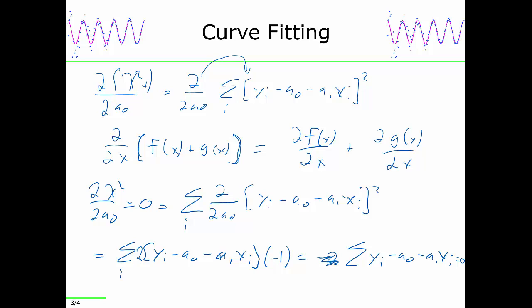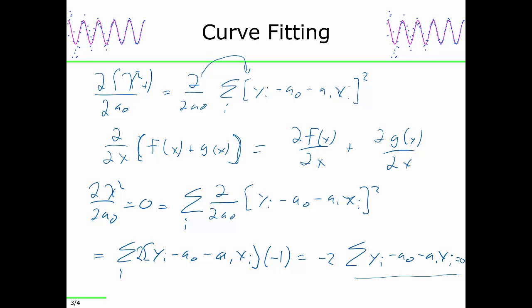Or you can divide both sides by negative 2, if you like.